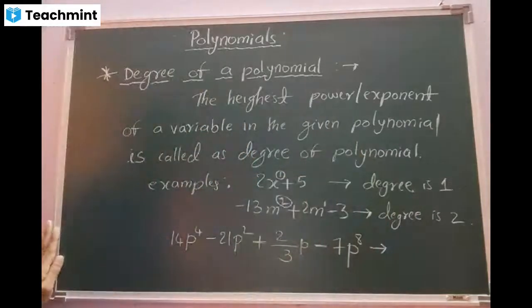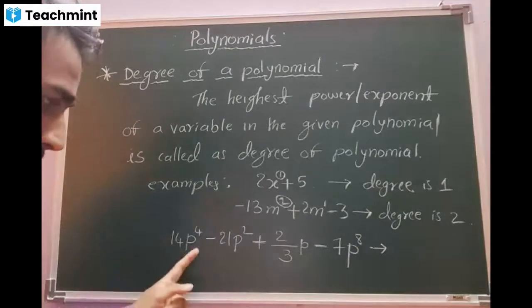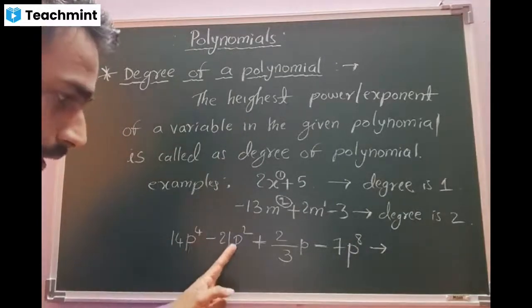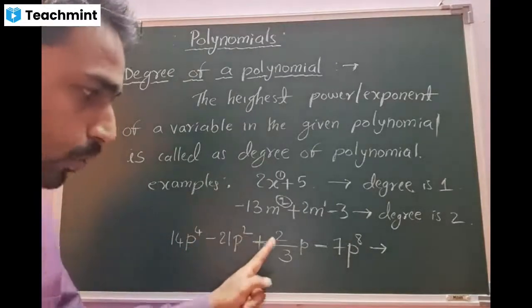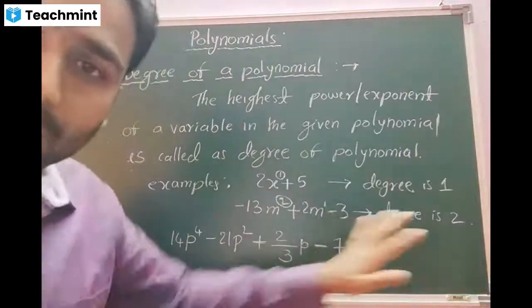Students, look at the concept. I have written one polynomial 14 p to the power 4 minus 21 p square plus 2 by 3 into p minus 7 p to the power 8. Am I right, beta?